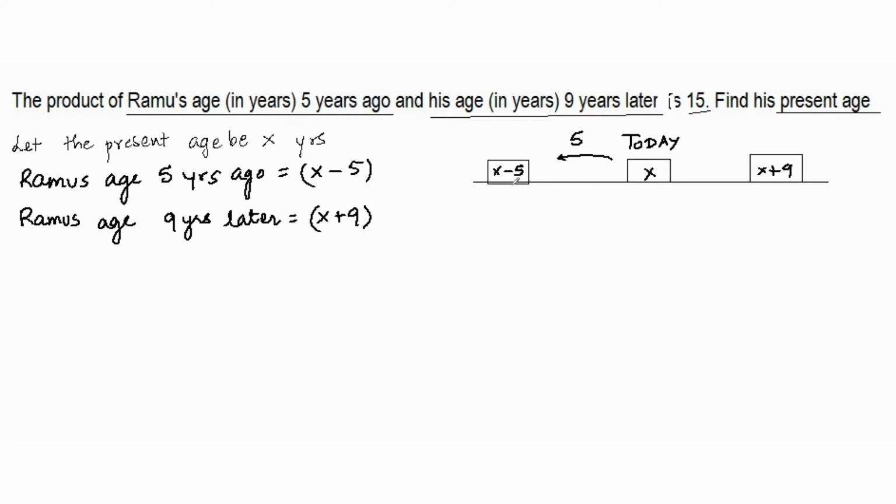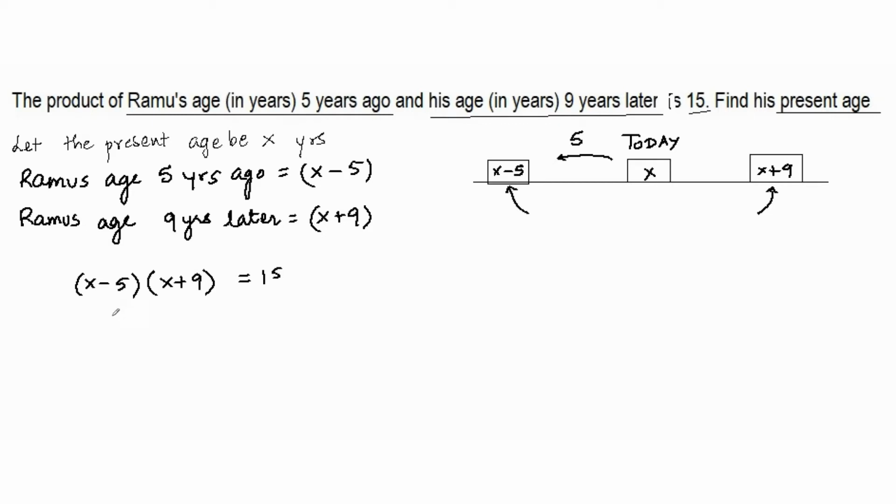And it is given that the product of these two ages, this age and this age, is going to be 15, right? So let us now solve this particular question. It means that x minus 5 multiplied by x plus 9 is going to be 15, according to the given condition.